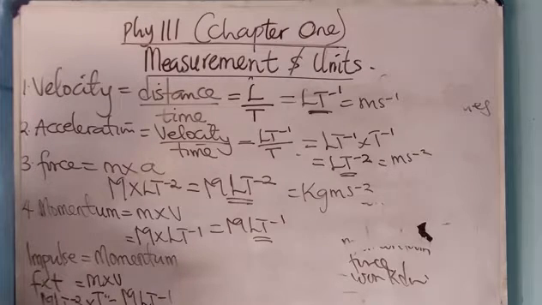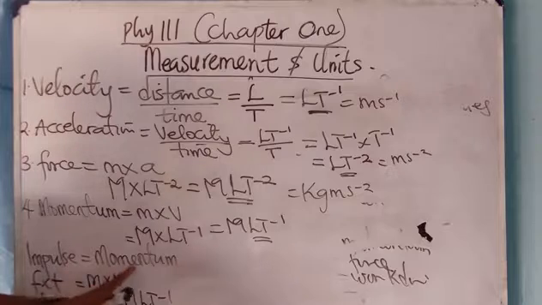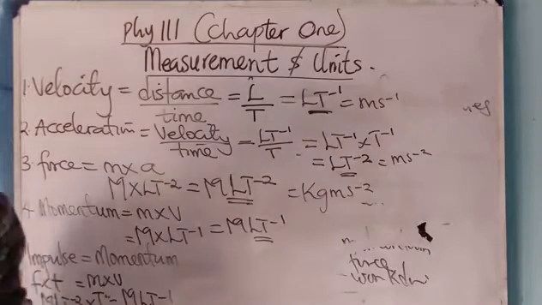It therefore becomes MLT minus 1. You also have MLT minus 1. It therefore means that impulse and momentum are dimensionally the same. They are the same.